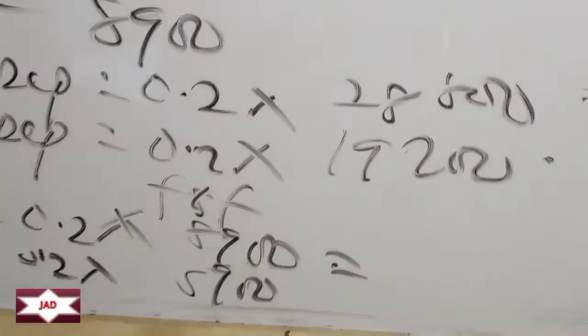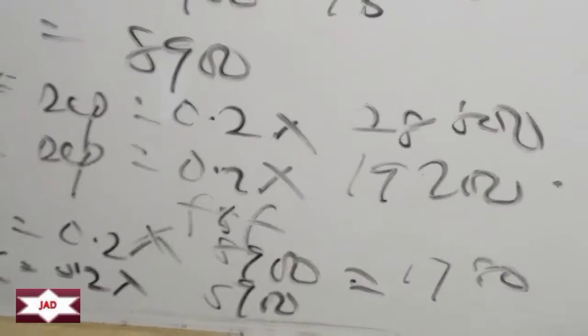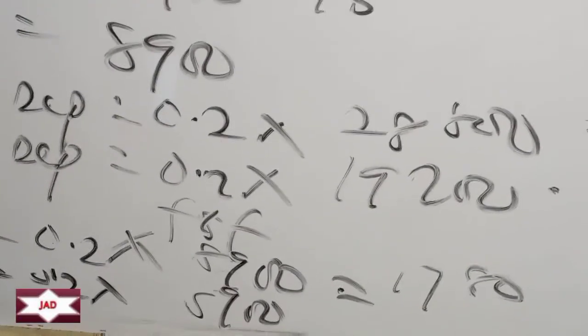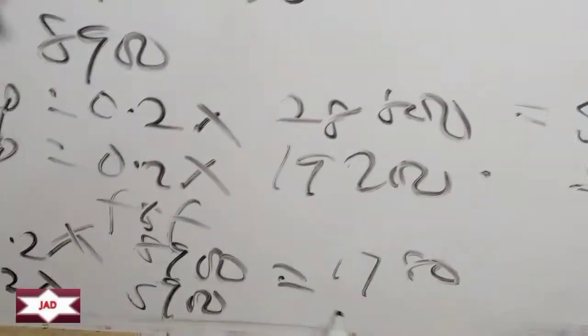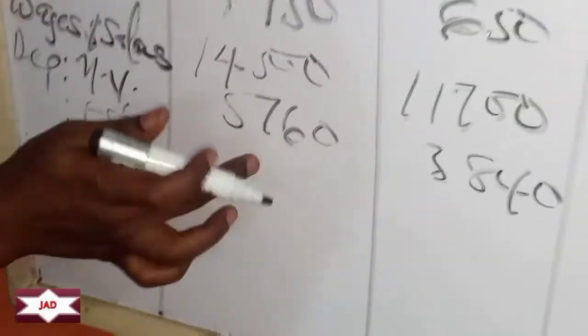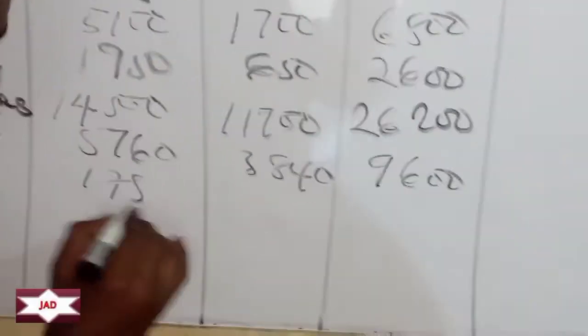That's 1,780. Then 0.2 times 5,900. That's 1,180. So F here for furniture and fittings will be 1,780.